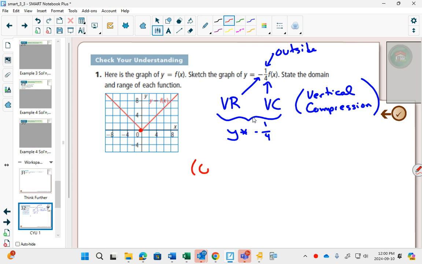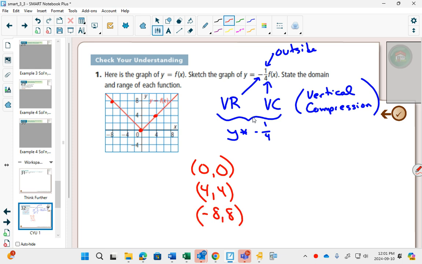We can write down points on our original graph, like I have 0, 0. I have lots of other points, but I really like, for example, this point. I like 4, 4. I also don't mind this point here, -8, 8.